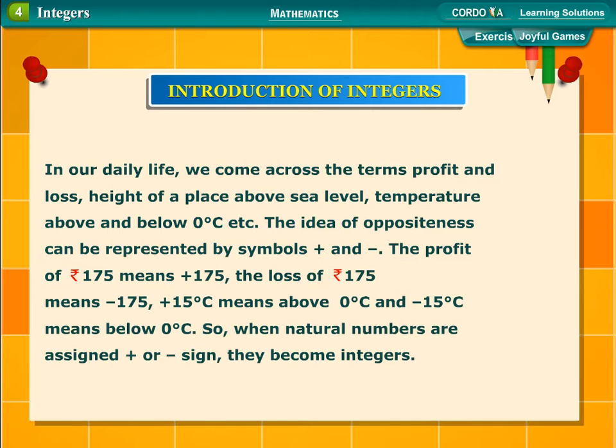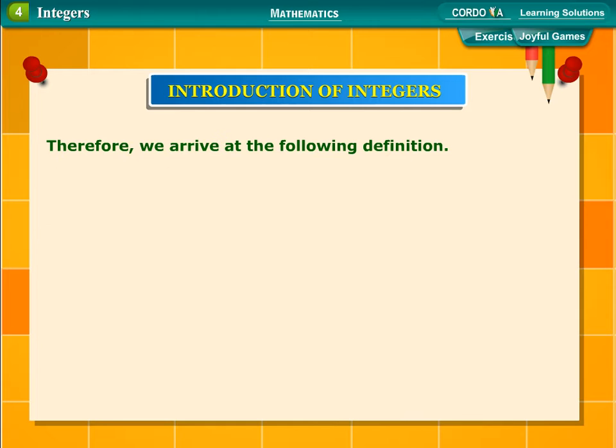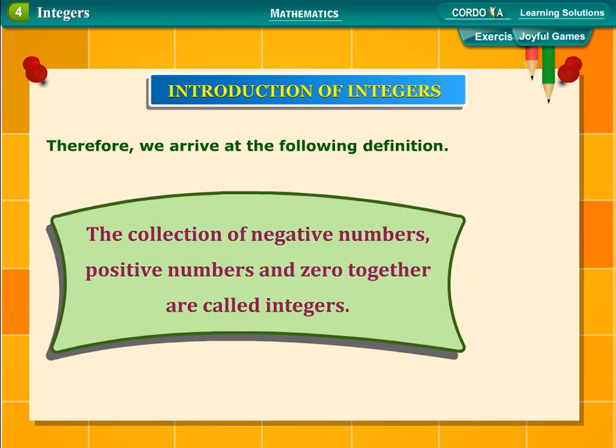Plus 15 degrees Celsius means above 0 degrees Celsius, and minus 15 degrees Celsius means below 0 degrees Celsius. So, when natural numbers are assigned a plus or minus sign, they become integers. Therefore, we arrive at the following definition. The collection of negative numbers, positive numbers, and 0 together are called integers.